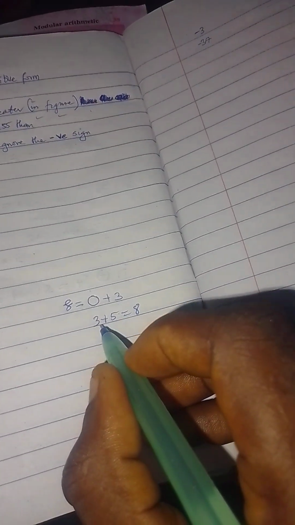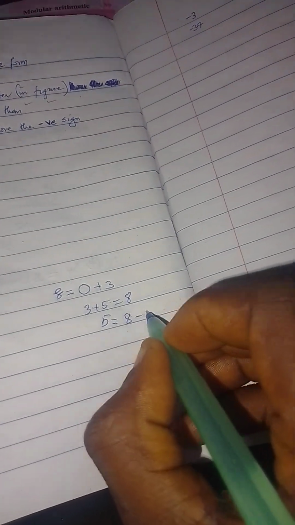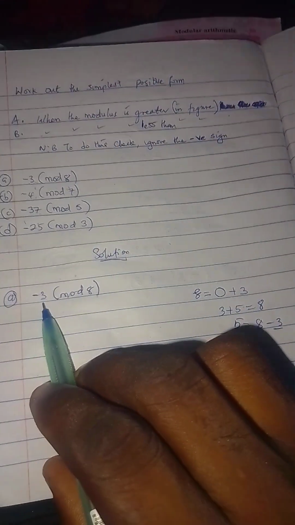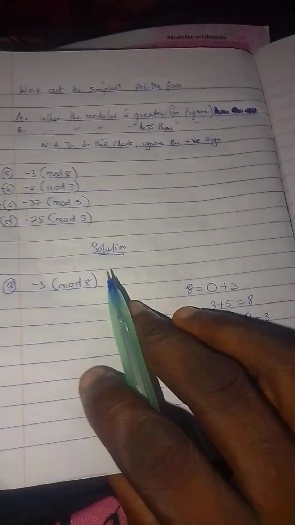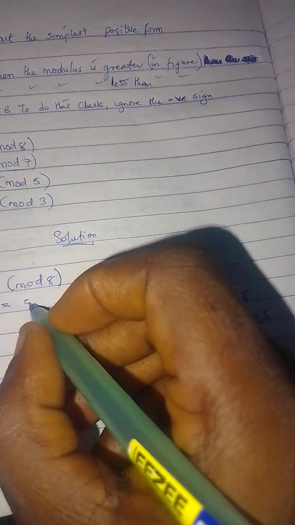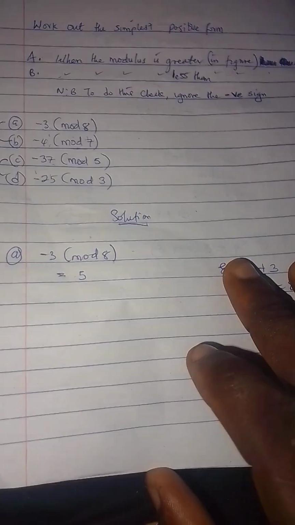And to let you know that the 5 is going to be 8 minus 3, proving that minus 3 is in its negative form. Did you see that? So the answer is 5. It will give us 5.